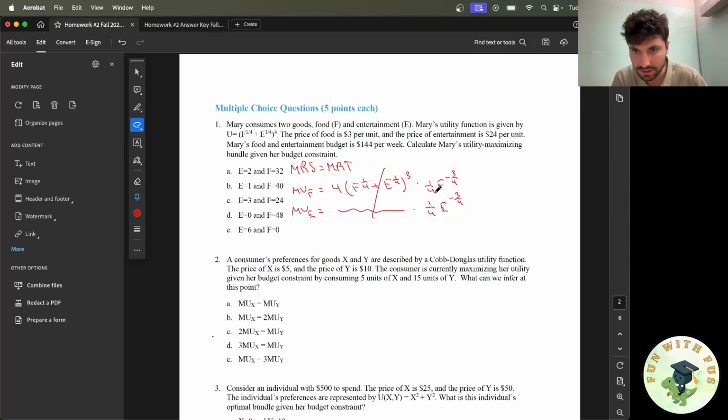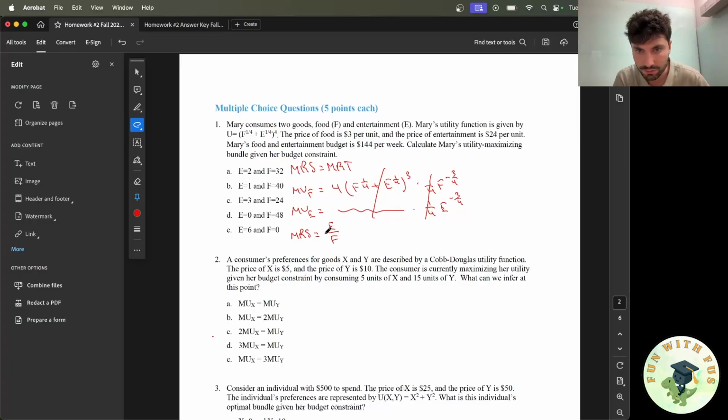And I know that that's going to cancel. So our MRS should just be our F. Nope. That's going to be E on top because we have some negative exponents going on.